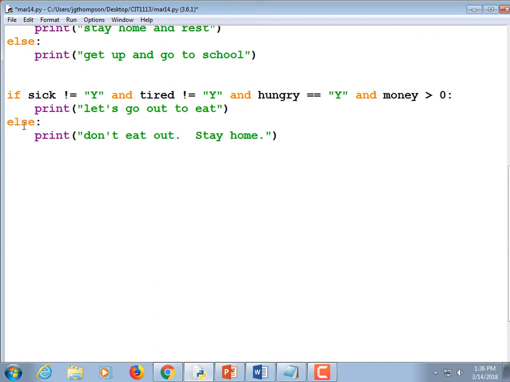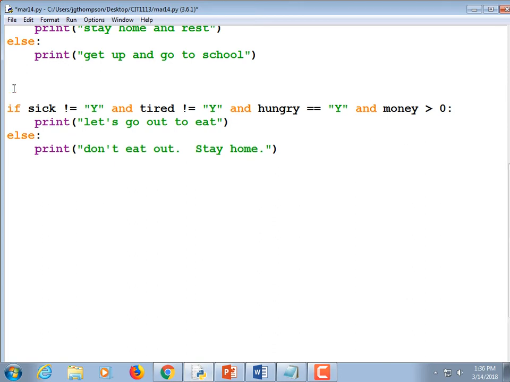I'm not going to even rewrite it. I'm just going to leave it like that. I will put a comment, though, that really we shouldn't go out to eat if we are sick or tired.